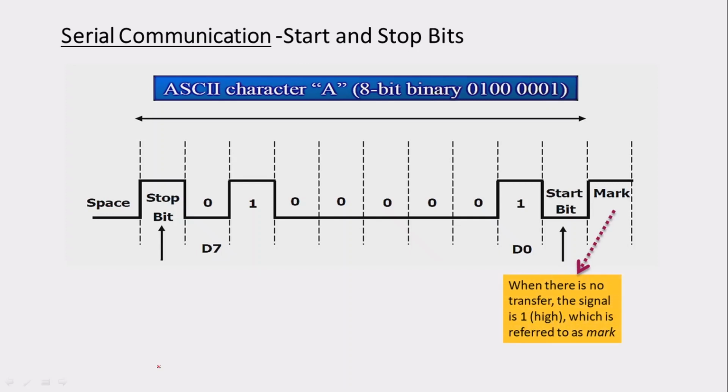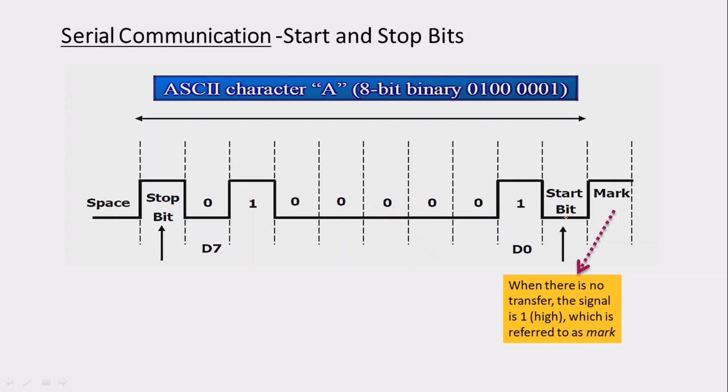Usually when we are sending data, the sending line will be made logic 1. Logic 1 means that the sending part is in idle mode, so there is no transfer.